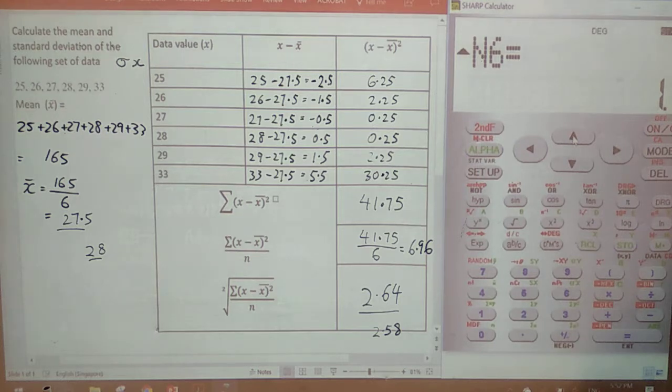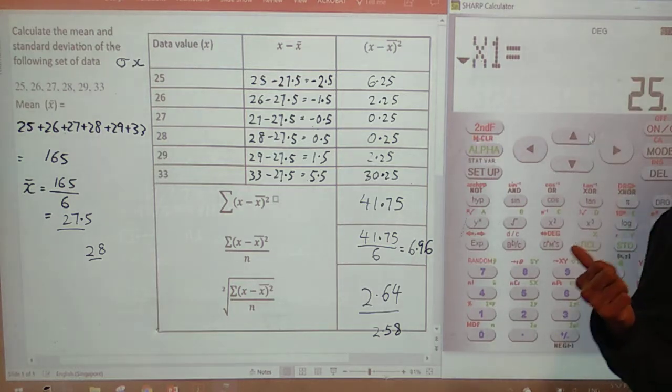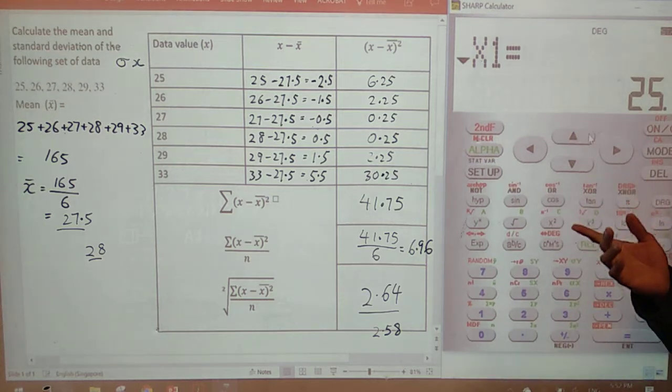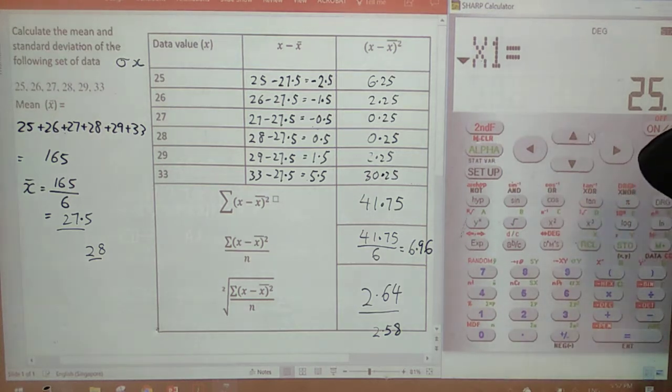So there's one piece of data with a value of 33. There is one piece of data with a value of 29. There is one piece of data with a value of 28. There is one piece of data with a value of 27. And there's one piece of data with a value of 26. And there's one piece of data with a value of 25. That means I did not enter any of these values incorrectly. So it has to do with my calculation.